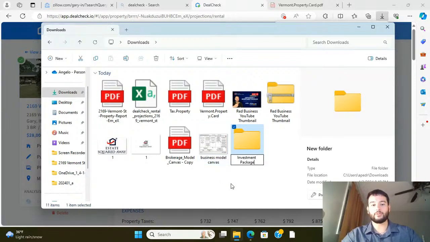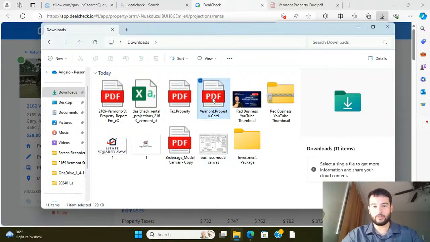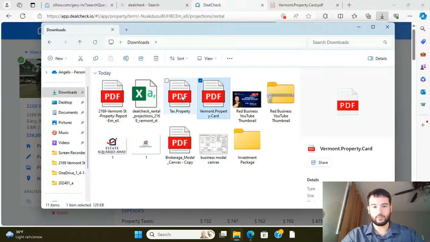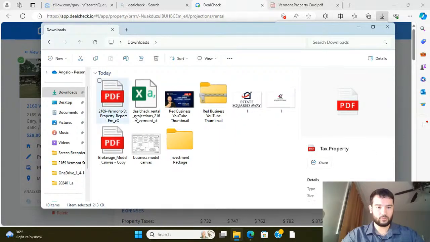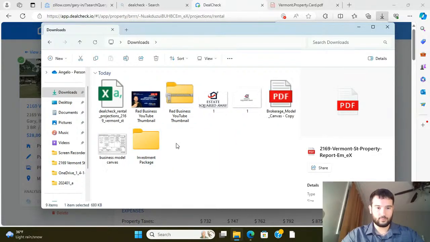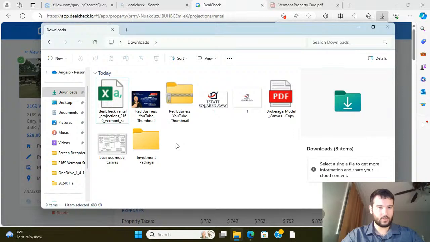Okay. I know this was one of the more dry ones, but I feel like this one was necessary, guys. I'm missing something here. Your property card, tax card, ARV.